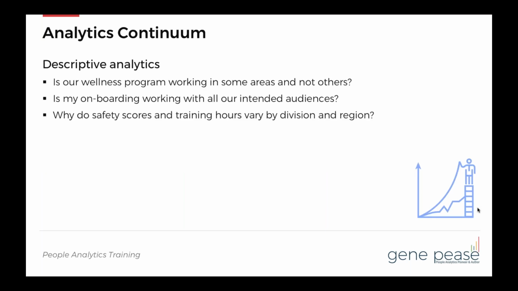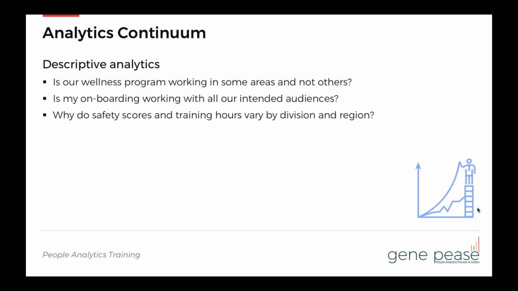In descriptive analytics, you can answer these kinds of questions. It's really looking at how the investment's beginning to work and where it's beginning to work and where it might not be. You're finding relationships where you know things are related.